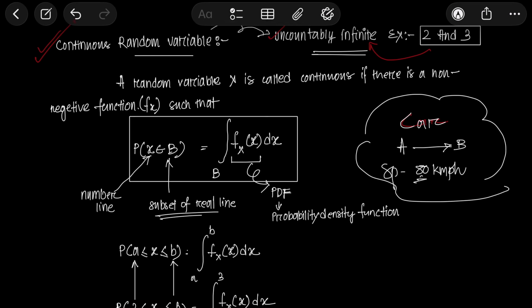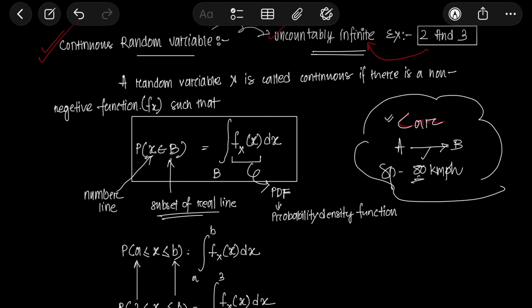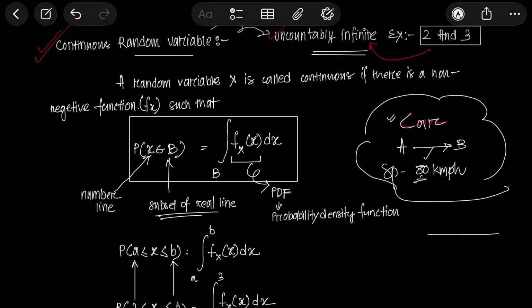So if we placed a monitor in the car and checked whether the speed is maintained at 80 kilometers per hour, we would see it was fluctuating. There is no major fluctuation. Suppose we can say it is moving at 80 kilometers per hour, but there are some minor fluctuations. Because we can't maintain a constant speed of 80 kilometers per hour.